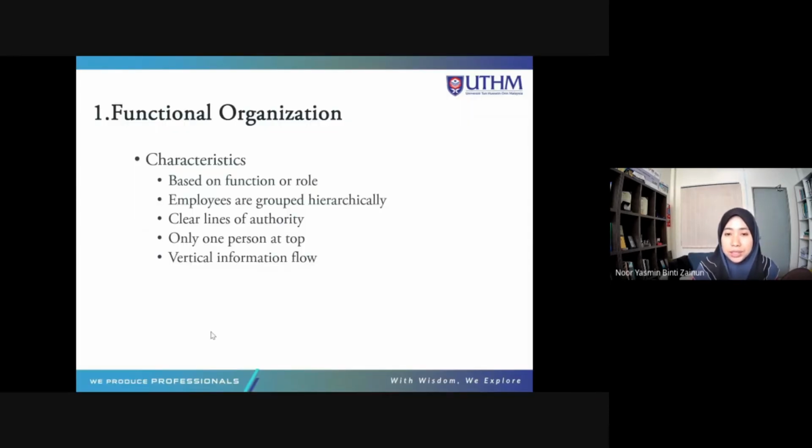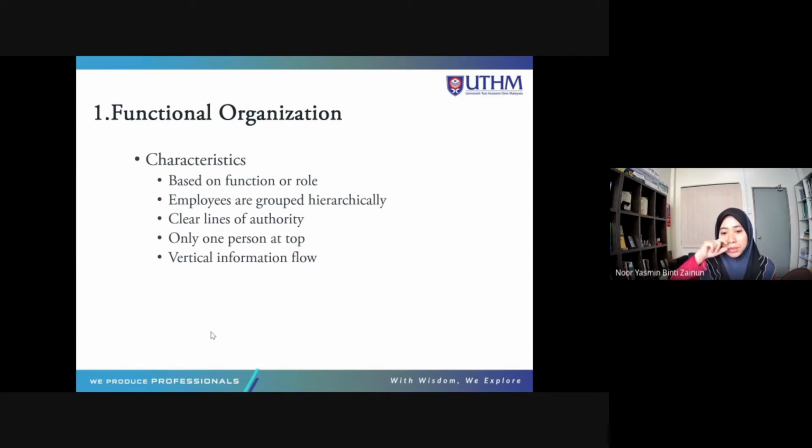So the functional organization is based on function, okay? The characteristic is based on function or roles. Employees are grouped hierarchically, with clear lines of authority, and only one person on top, which is the manager of that function. If it is human resource, the top is the manager for human resource.